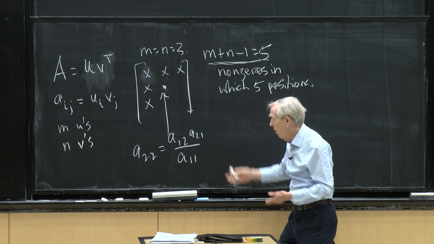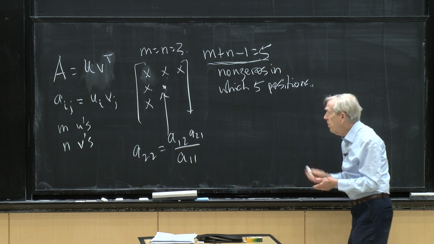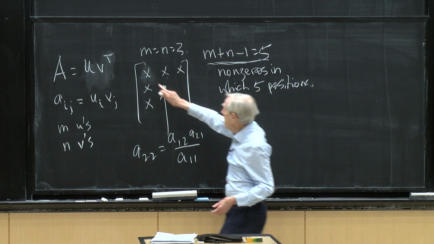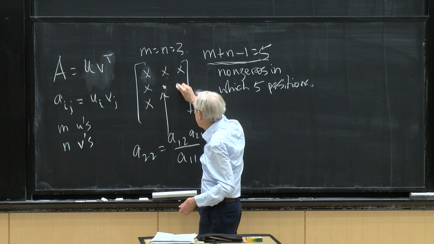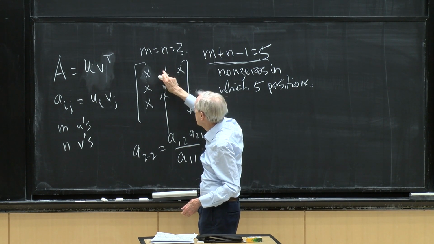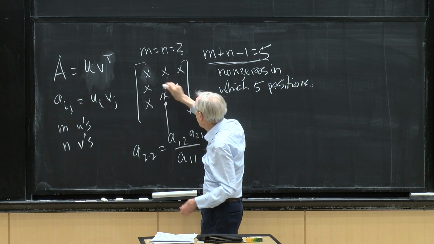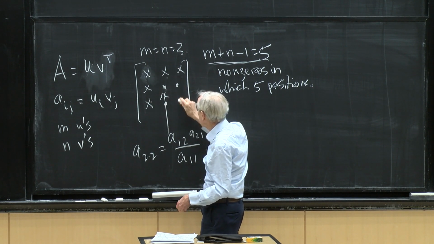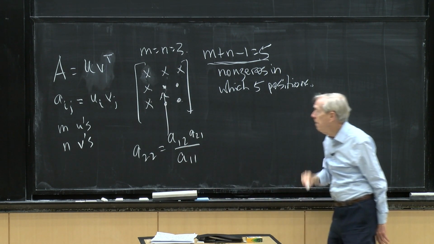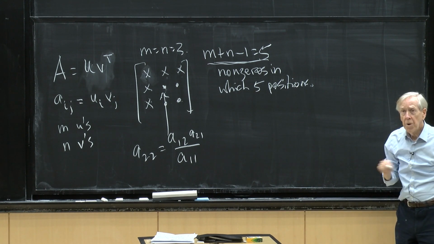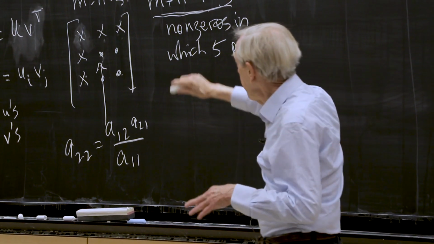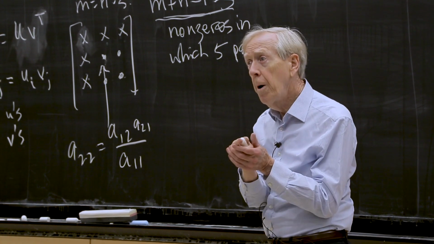So all determinants have to be 0. And of course then these 3 numbers would allow me to fill in there. Those 3 numbers would allow me to fill that. Those 3 numbers would allow me to fill that. It'd be easy. So I can see that those are 5 positions that work.